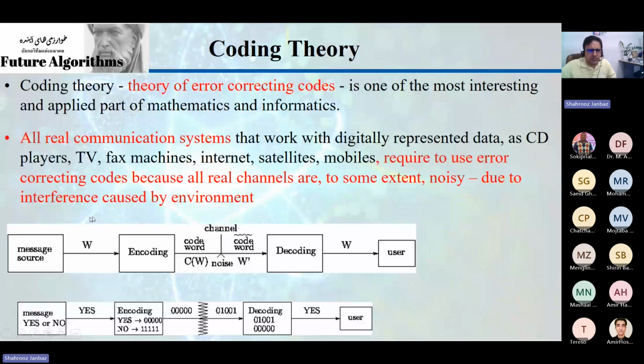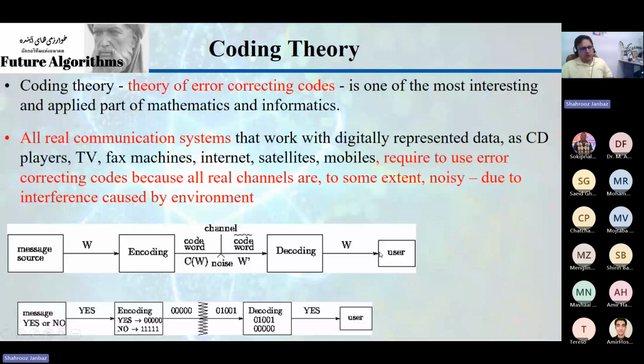So we encode the message, make a codeword CW, and send it into the channel. Noise will destroy some bits of the message. After we receive it, we have to decode it to recover the message W, and the user uses the message.